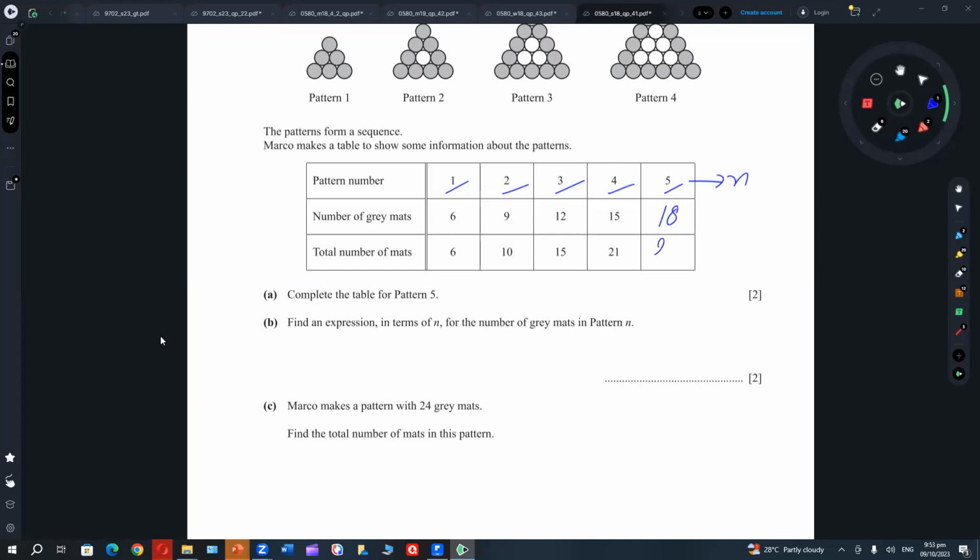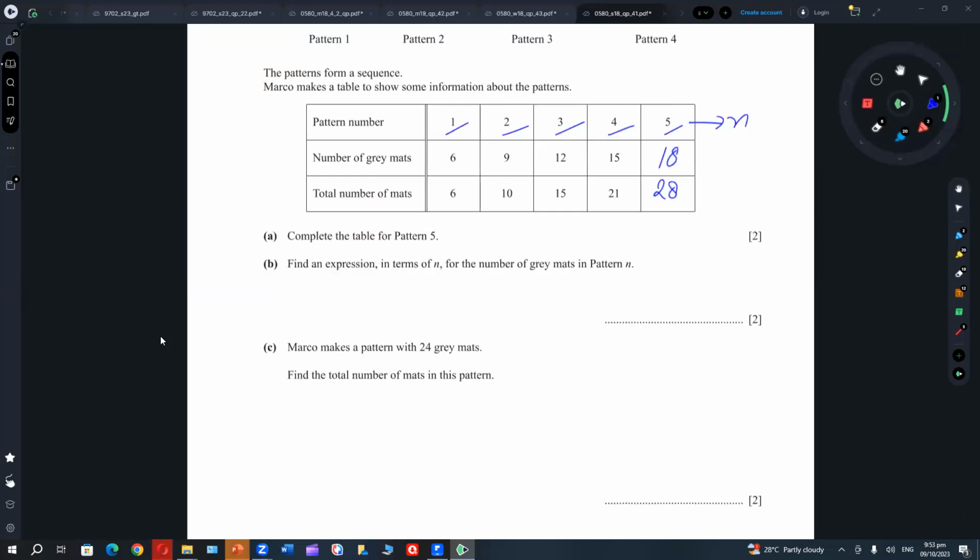But this is a changing pattern. Answer is right, but always look for a stagnant pattern. Stagnant means one thing is repeating. Find an expression for the number of gray mats in pattern n.